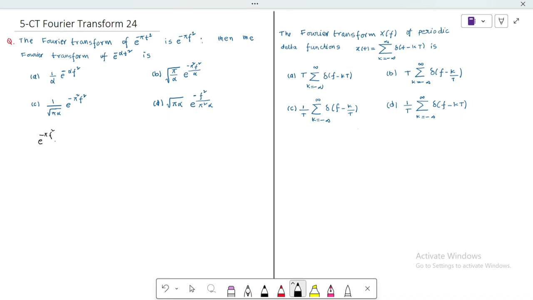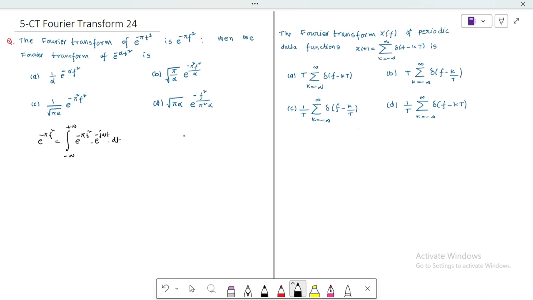It's the Fourier transform, the integral from minus infinity to plus infinity of e power minus pi t square into e power minus j omega t into dt. This is the formula for the Fourier transform.